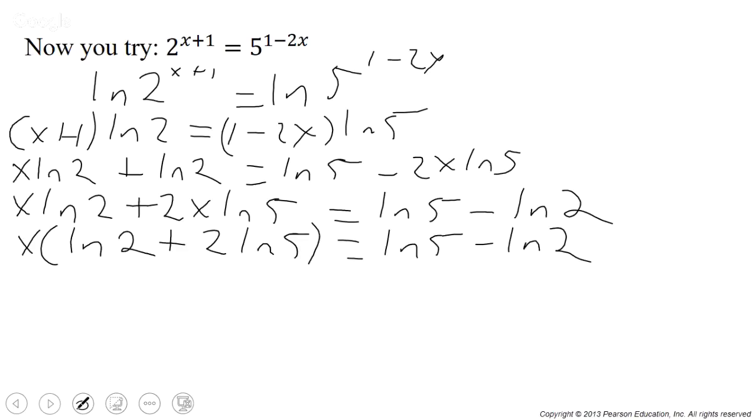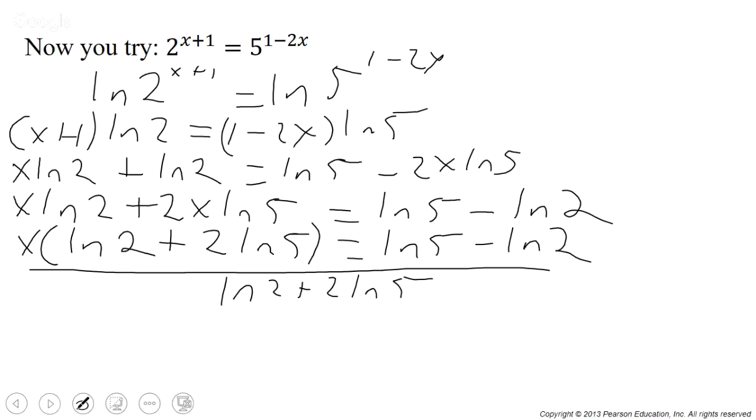So now I can get x by itself by dividing everything by ln of 2 plus 2 ln of 5. So I divide everything by ln of 2 plus 2 ln of 5.